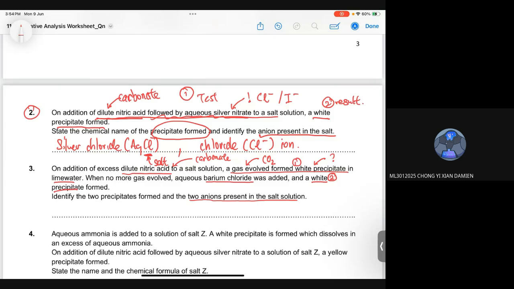Next one, no more gas evolved. I add barium chloride. This is a test for what anion? Anyone can tell me. If I add barium chloride or barium nitrate, whichever one of them, what is the anion that I'm testing for?